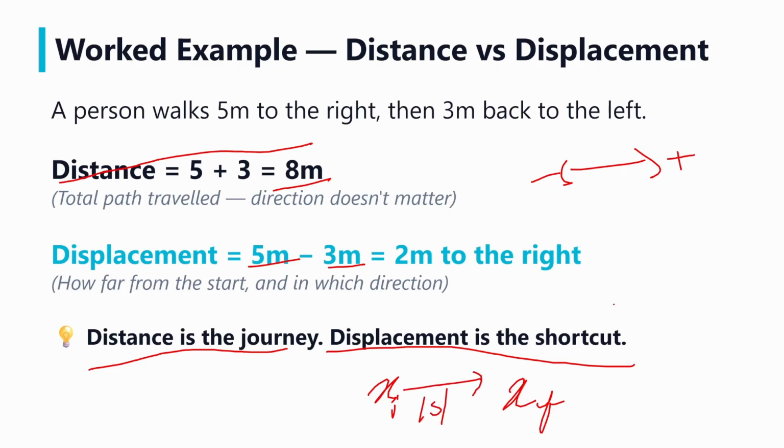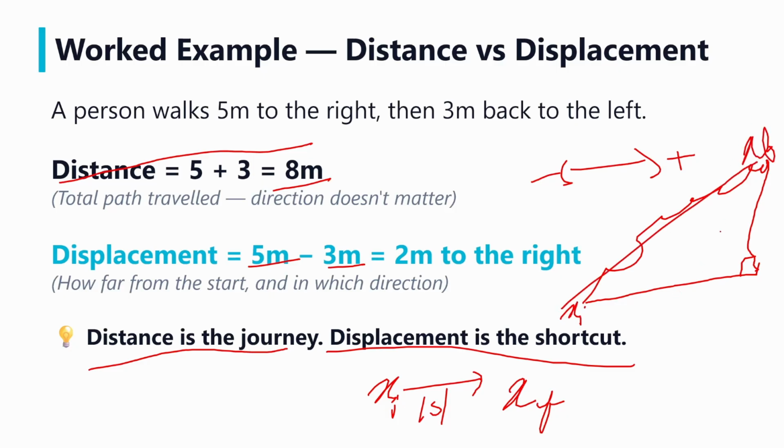So, for example, let's say that a person took this path, right? Now, distance can be the total path length, but what is the magnitude of the displacement? Well, this basically forms a right angle triangle, because if this is the final position, and this is the initial position, it's on the same number line, and it forms a right angle triangle.